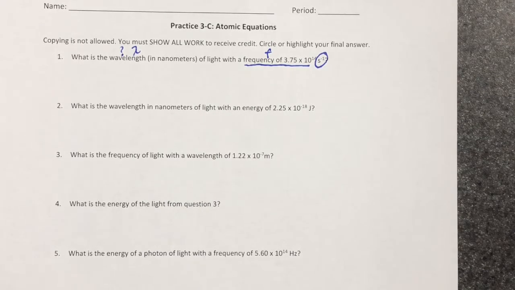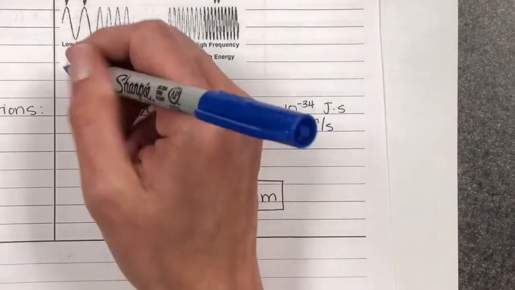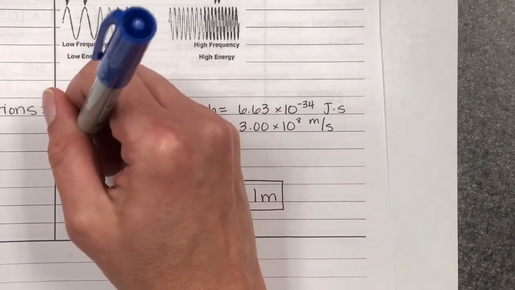In our notes today, we went over several different equations that we can use to calculate energy, wavelength, and frequency. Once we've identified the known and the wanted variables, we need to choose the appropriate equation that has both of those variables in it. So if I look at the equations from class today, we have three possible equations that we can use.